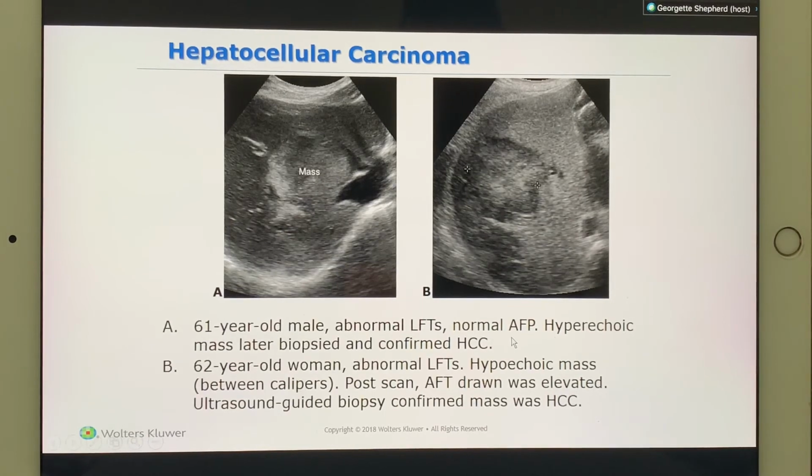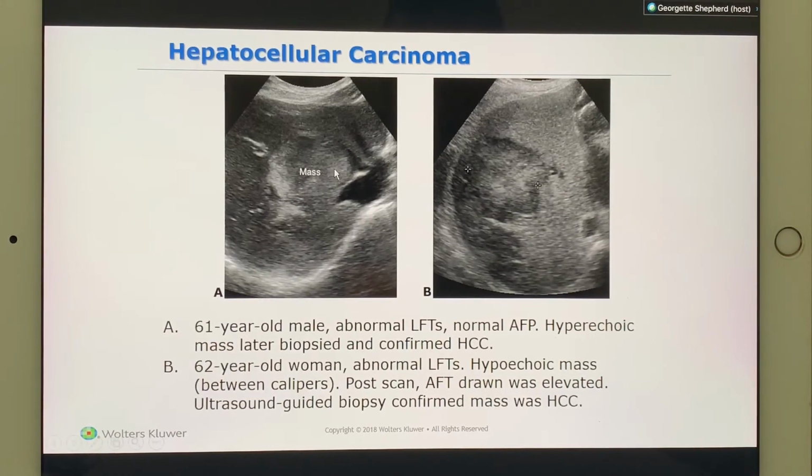Abnormal LFTs, an elevated AFP, a hyperechoic mass, later biopsied and confirmed as HCC. And it's heterogeneous. See how it looks like it has cystic and solid components too? Here we have a 62-year-old woman.